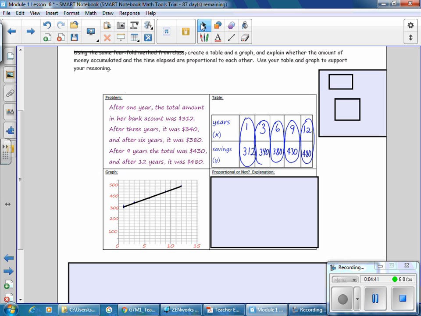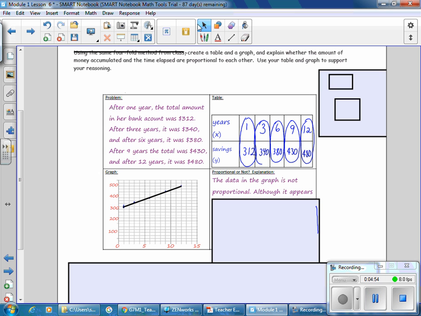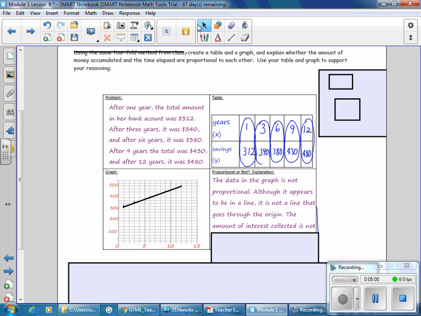One of them is that it is a straight line. The second one is that it passes through 0. So if you can look at this and determine what the answer is, the data in the graph is not proportional. Although it appears to be a line, it is not a line that goes through the origin. The amount of interest collected is not proportional. It is not the same every year.